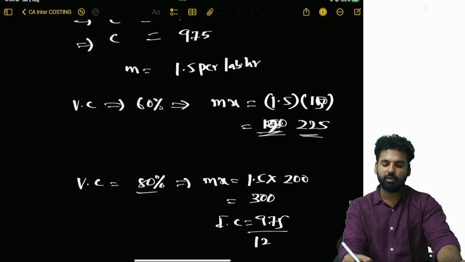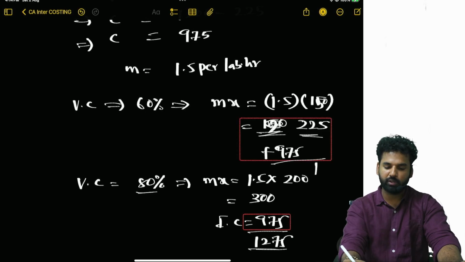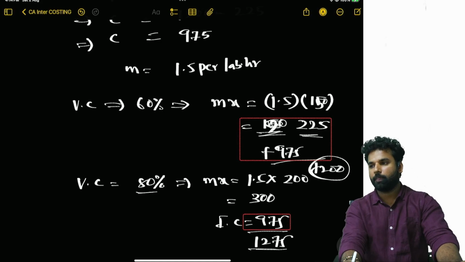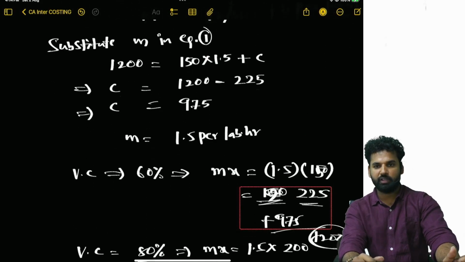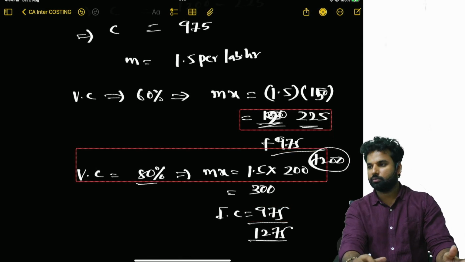Total you are getting 1275. Here also the fixed cost is 975. Correct? So it is a simple equation, y is equal to mx plus c. That will be substituted, and that's it.